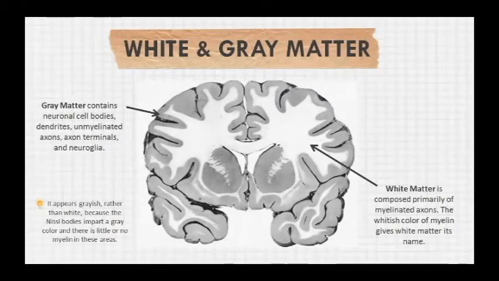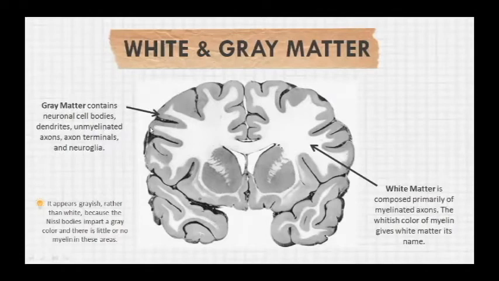Since myelin sheaths look white, those axons that have myelin sheaths appear in the white matter, while those axons or neurons that don't have myelin sheaths are in the gray matter, or appear darker.